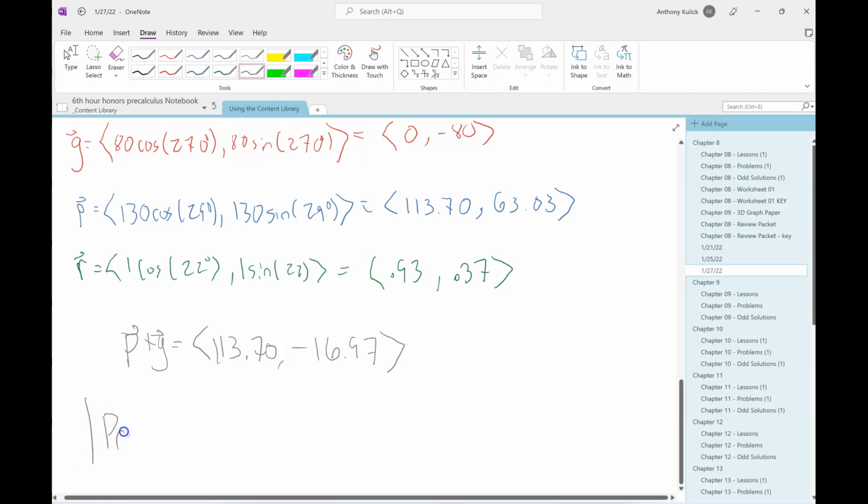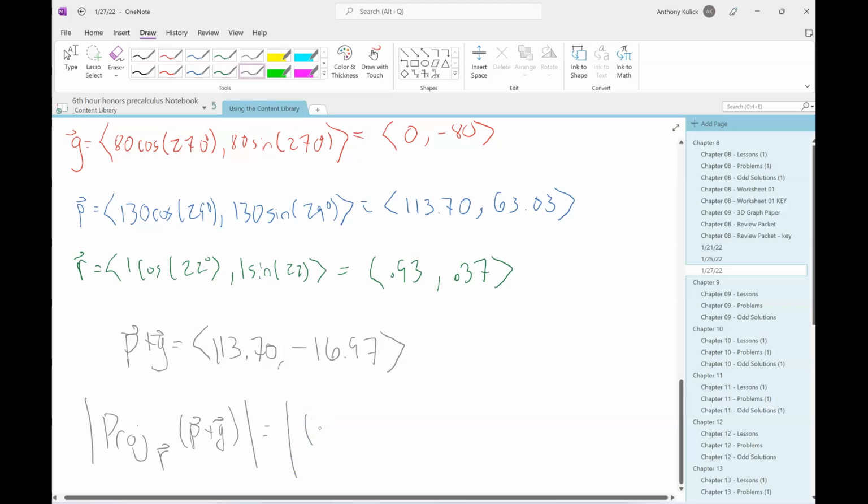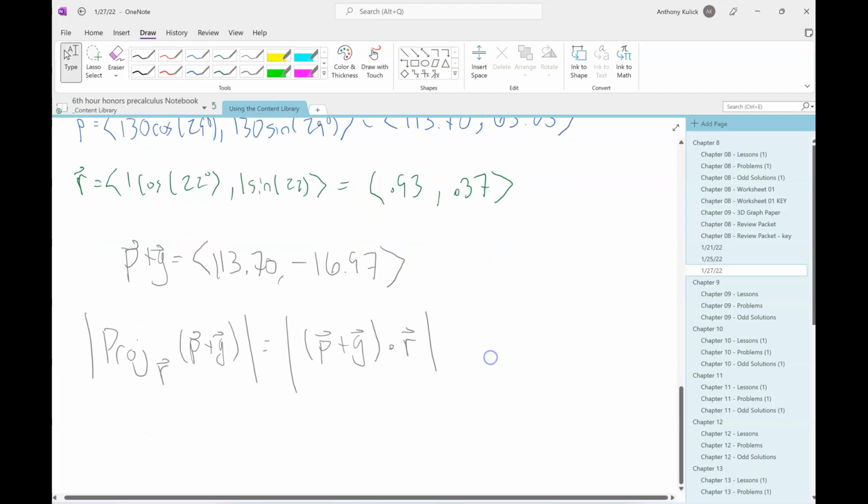And then what I need is the magnitude of the projection of that vector P plus G onto R. But since R is a unit vector, I can do this really easily by just doing the dot product instead of actually having to calculate that projection and then do the magnitude, which, I'm all about that life because it saves me a bunch of hassle.